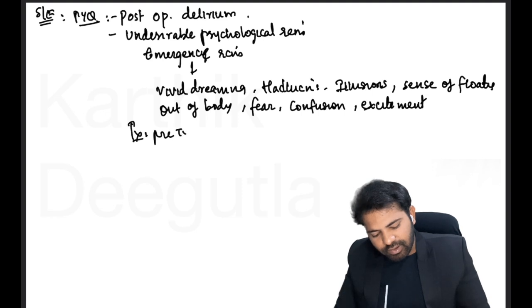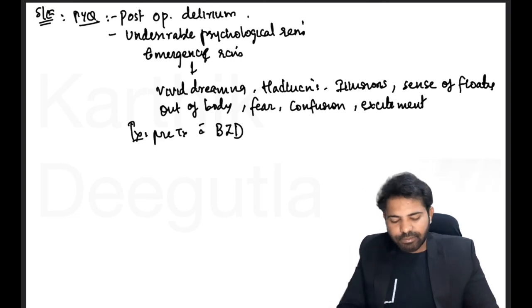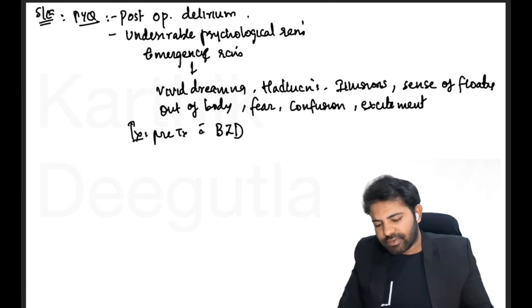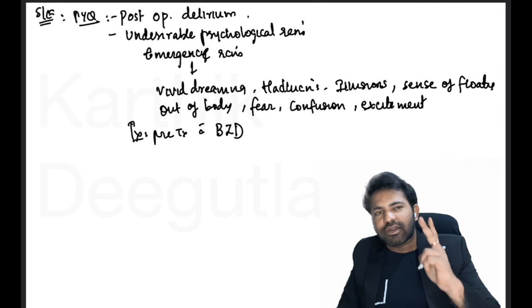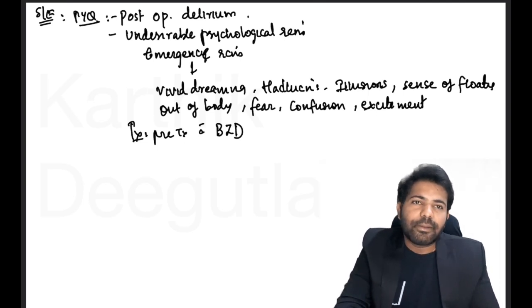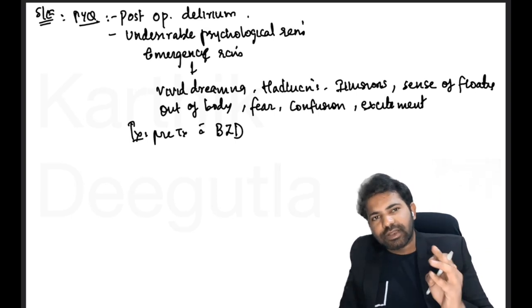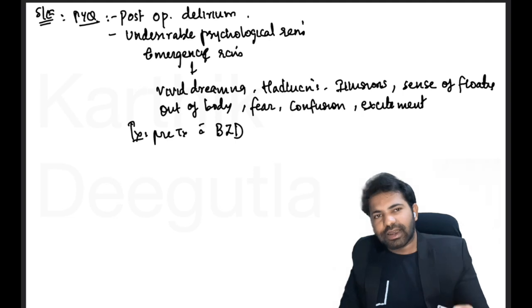That is the reason in the pre-medication we give benzodiazepine whenever we give ketamine. While you give ketamine, you give pre-medication with benzodiazepine and an anticholinergic drug like glycopyrrolate or atropine.